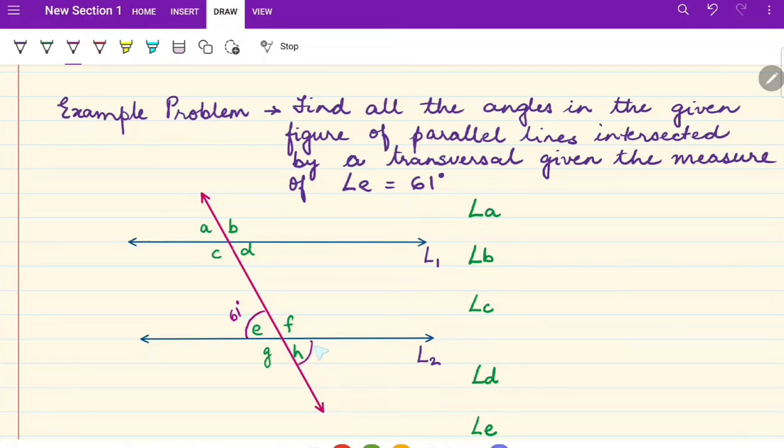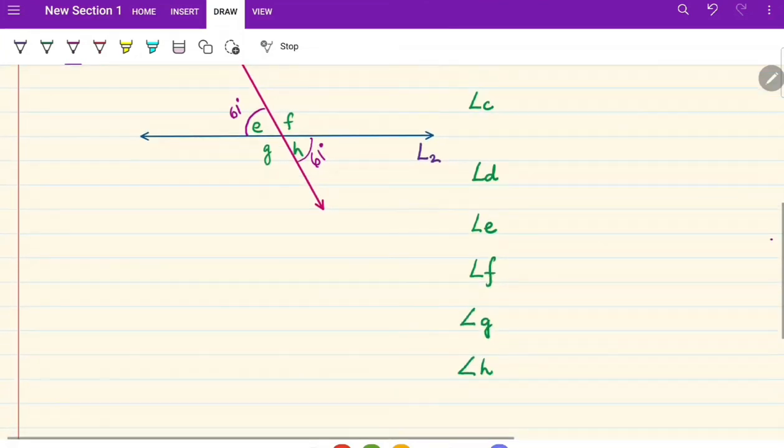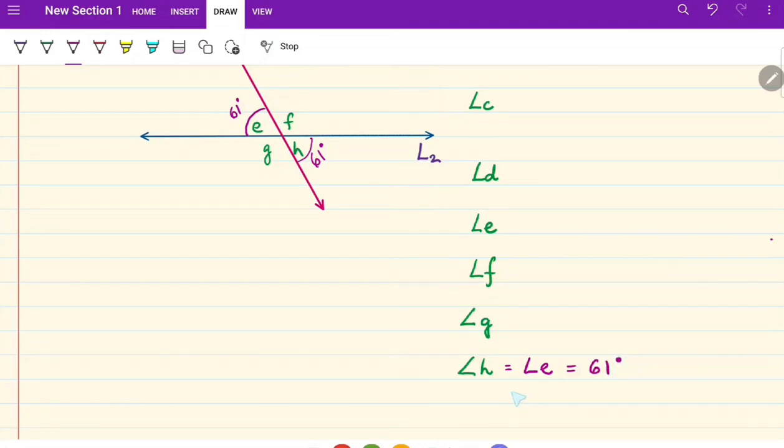So let's note that here. H is 61 degrees. So I'm going to write here angle H will be equal to angle E, which is 61 degrees, by the property of them being vertically opposite angles.